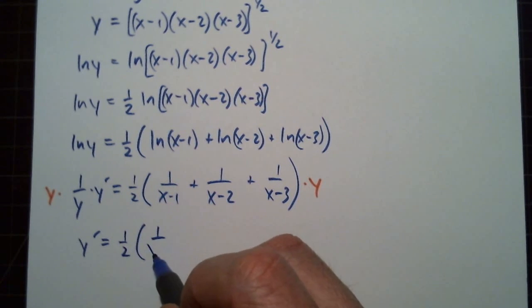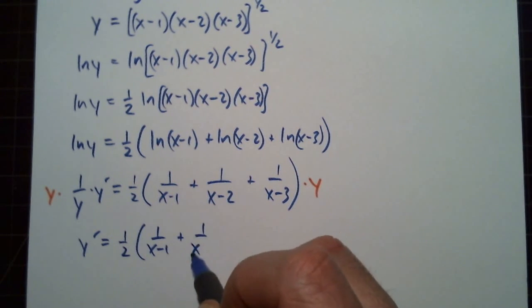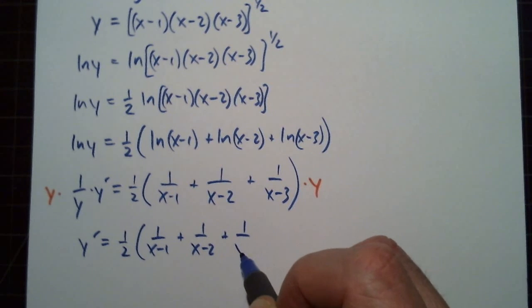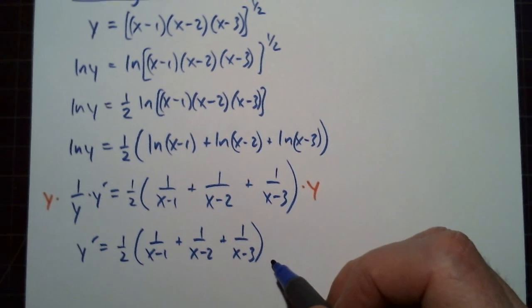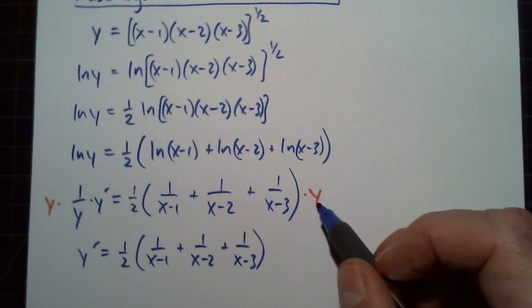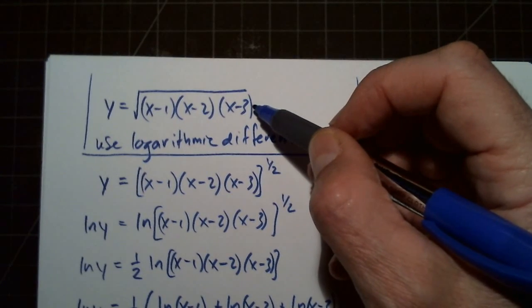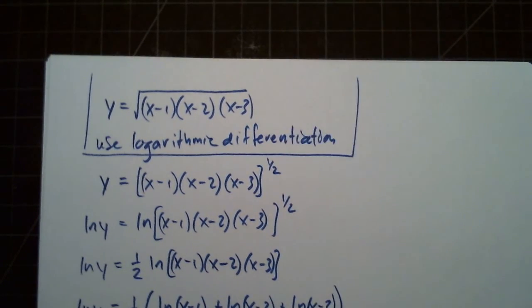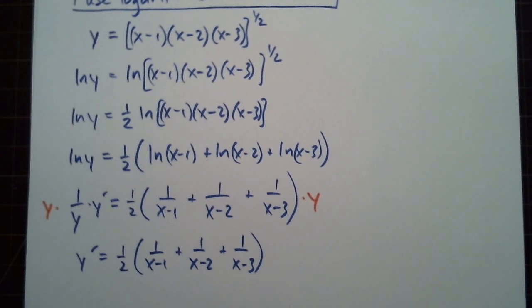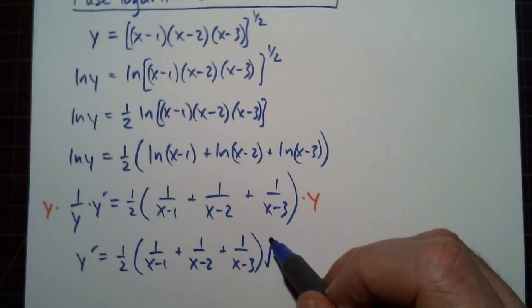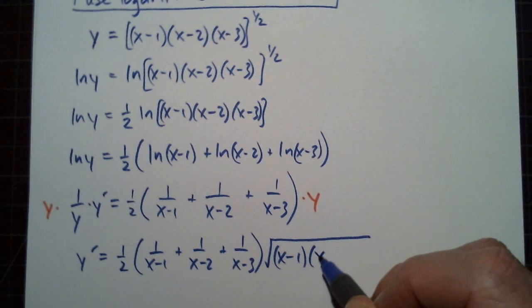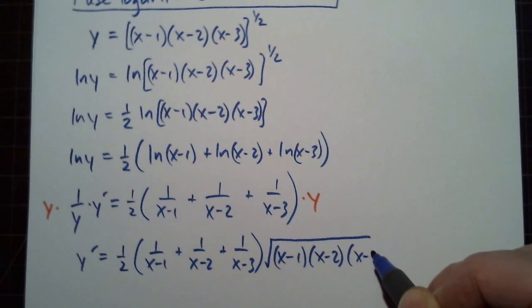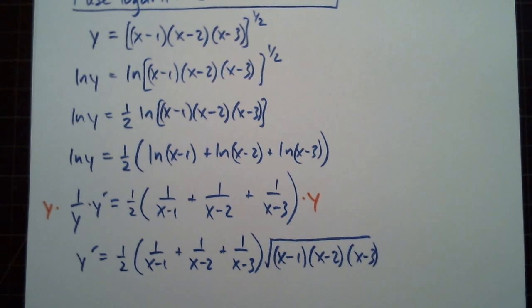And if we don't take the algebra too far, we can just leave it like this. And y, we know, was equal to this, and we just copy this and substitute it for y. So instead of having a y there, we'll put the radical and we'll just stop there.